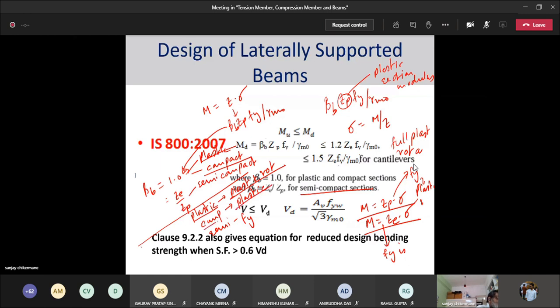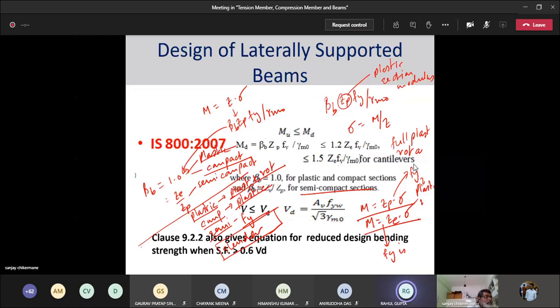Just hitting plastic is a compact section, and reaching elastic yield is a semi-compact section. A section which cannot reach elastic yield was called a slender section. Remember, we had talked about this in class when we had talked about the different types of sections. Of course, we had talked about it in the context of compression, but the system remains the same no matter whether we are looking at this or that. Is this cool?